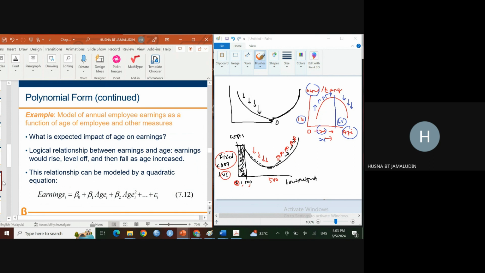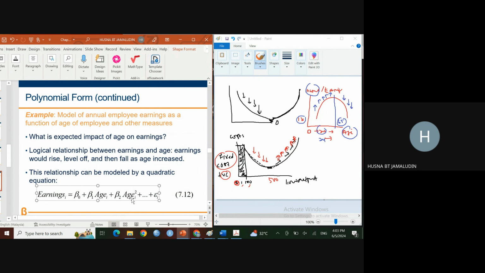Sometimes you couldn't even find a significant relationship for the inverted U shape. Sometimes it's just linear because it's not even up to the turning point. In order for you to get this quadratic form, they have to pass the turning point.